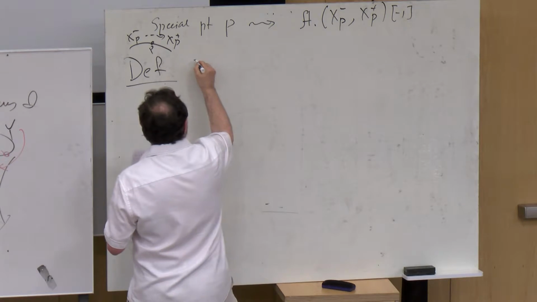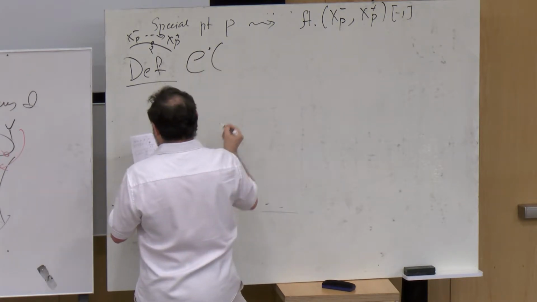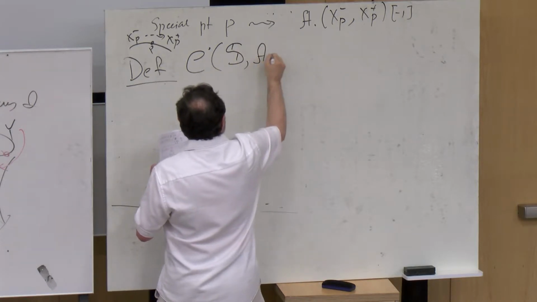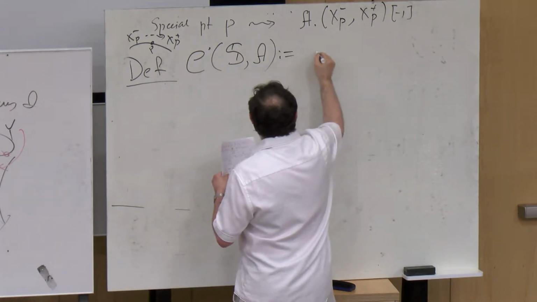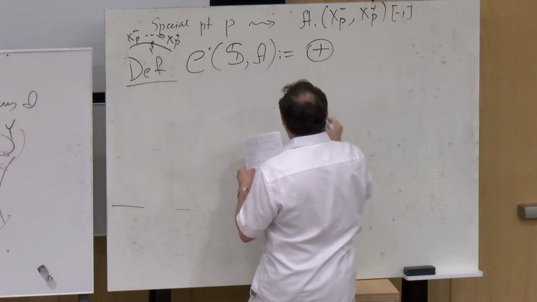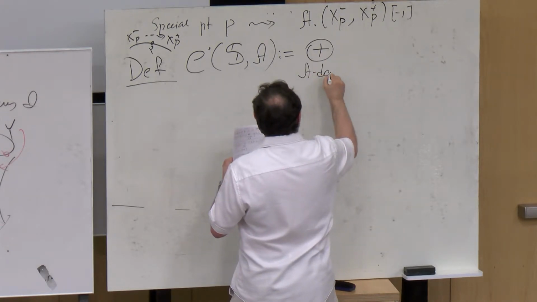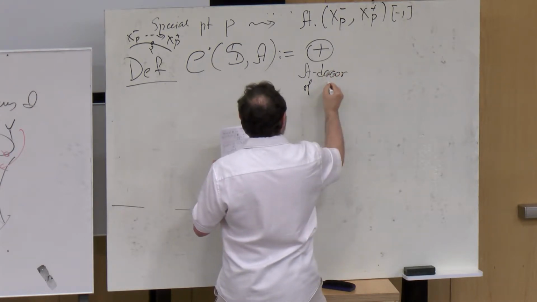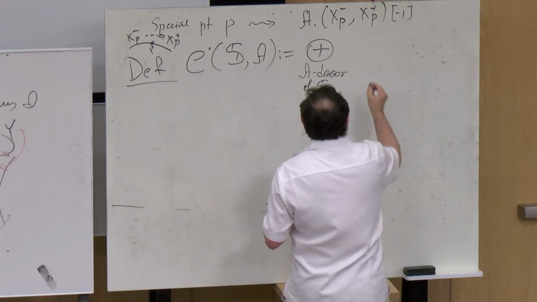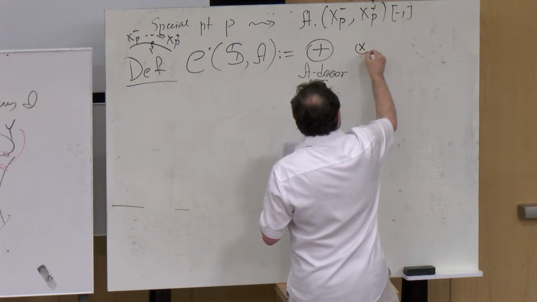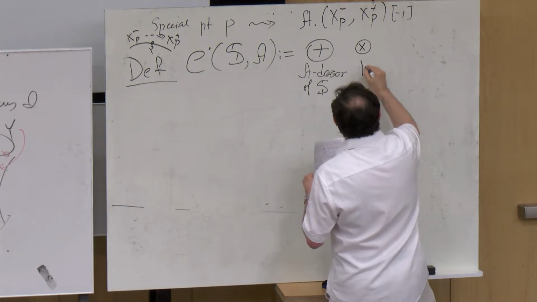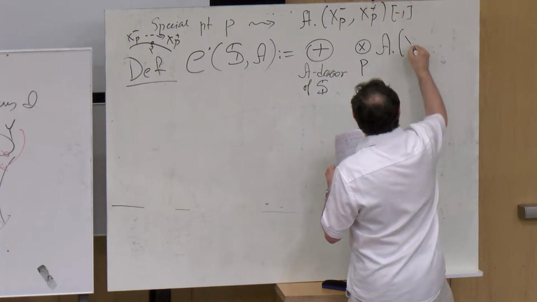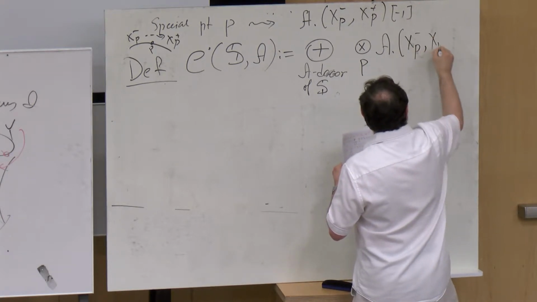It's some generalization of cyclic homology of the category. So we take C dot related to the surface S and the category A to be the direct sum over all decorations of some particular decorated surface S. Then for each decoration, you have the tensor product over all special points of these hom groups assigned to them, which I just introduced.